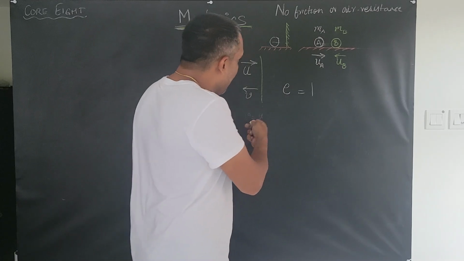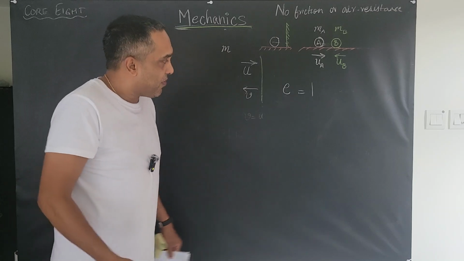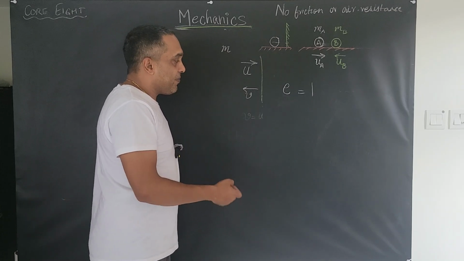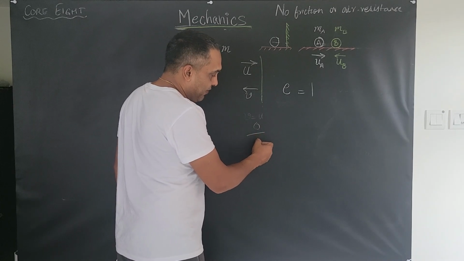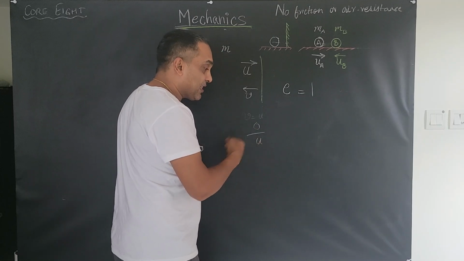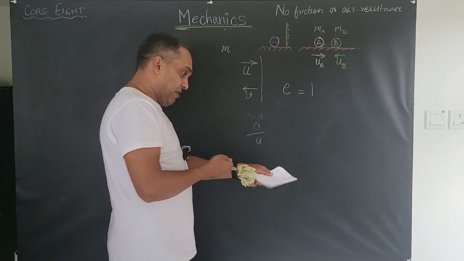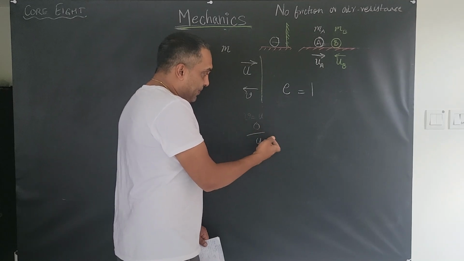In which case you have initial velocity, you don't have any final velocity, there's no velocity of separation, right? Velocity of separation becomes zero, so you get zero on the numerator and some initial speed of approach. Again it's speed because there are two velocities in two directions. So the speed of approach exists, but there is no speed of separation.